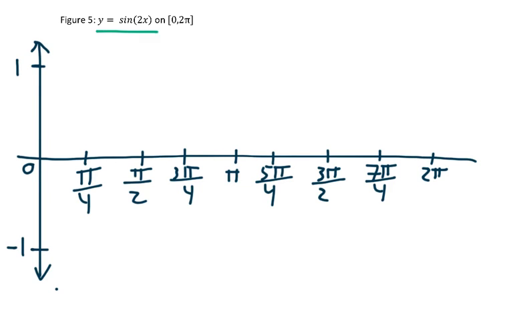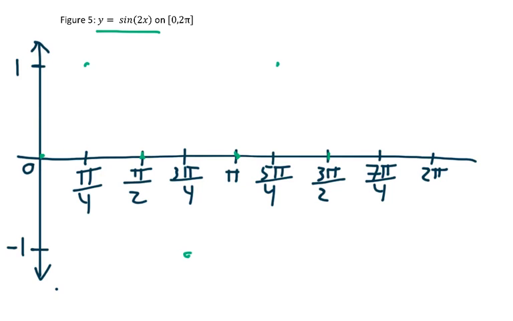Now we're ready to draw sine of 2 times x. So at 0, we have 0. As we saw earlier, at pi over 4, we get 1. Pi over 2, it comes down to 0. 3 pi over 4, we get negative 1. Pi, we get 0, like so. Then at 5 pi over 4, that's the same as at pi over 4, because we're adding pi. At 3 pi over 2, you come down to 0.